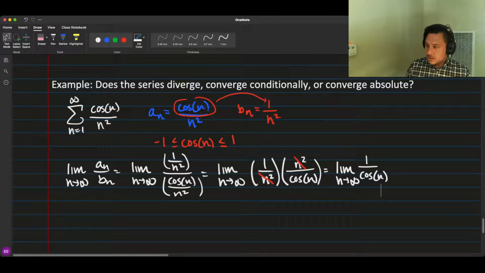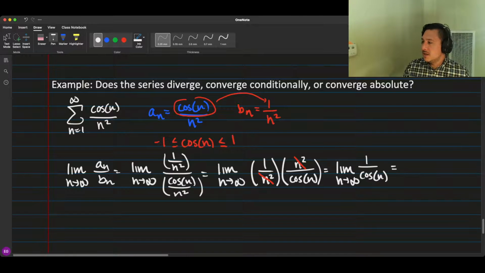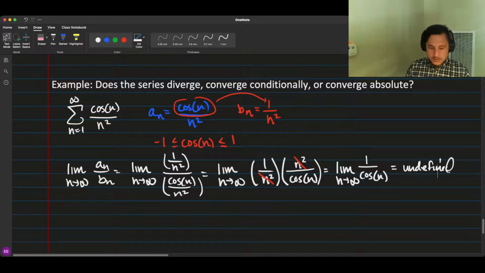Okay, and then this actually is going to be undefined. Is that actually going to work for us then? What happens in the comparison test when you get undefined? You don't get anything. I did flip a_n and b_n, thank you.